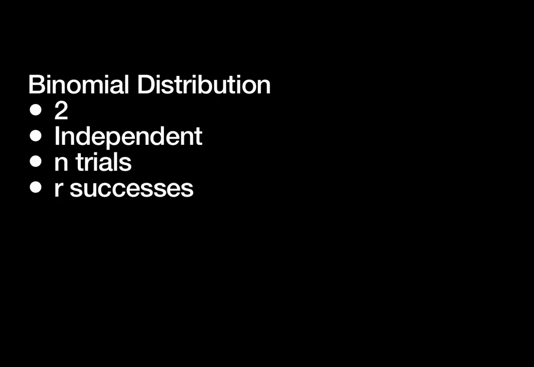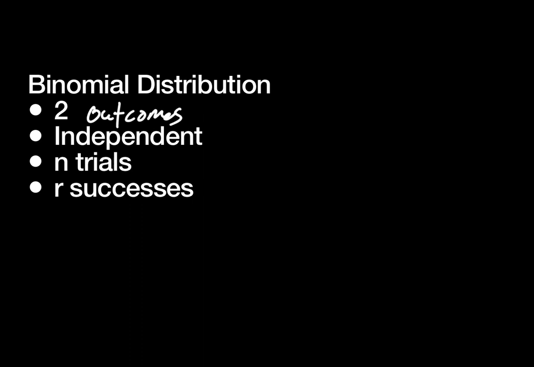So the first one's the binomial distribution. There are 4 conditions for a binomial distribution. A binomial distribution has 2 outcomes and 2 outcomes only. Every single event, or trial, or play of the game has to be independent of all previous ones.